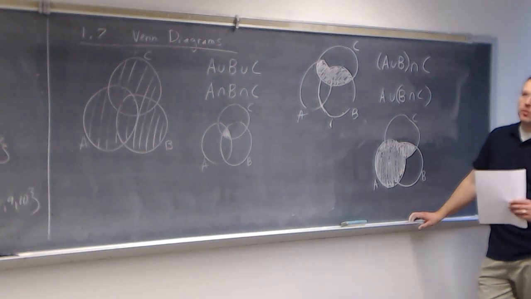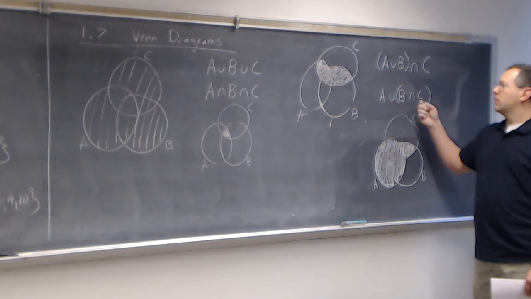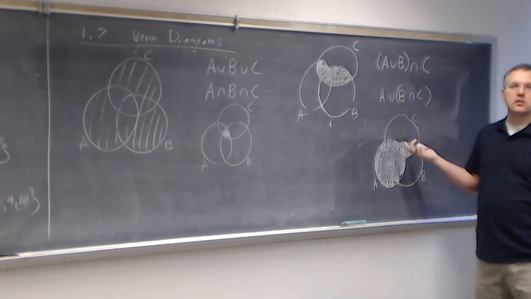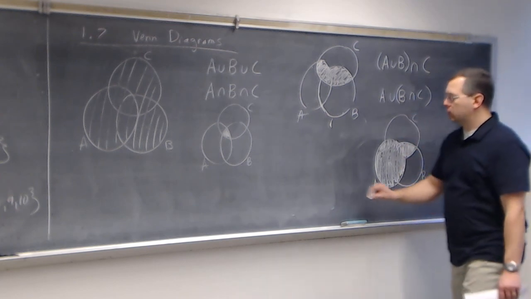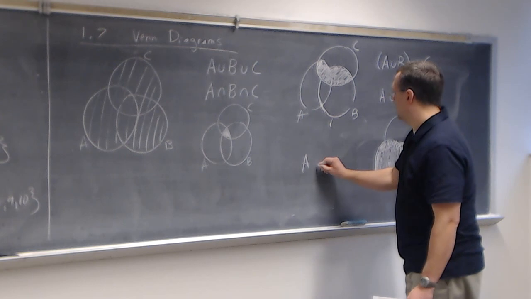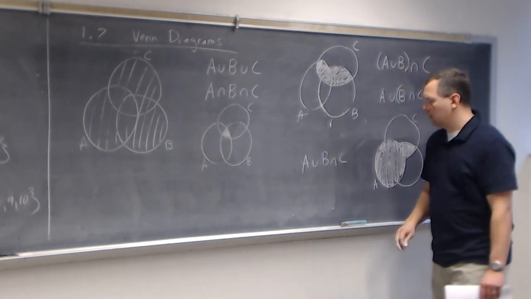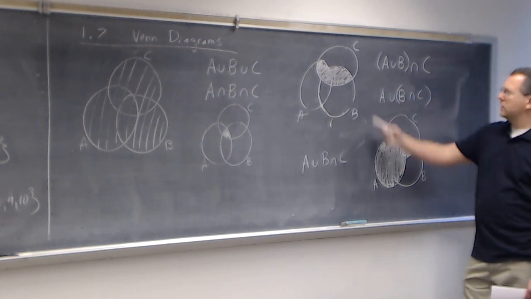From this example, it appears that it's really important where you place the parentheses, right? Because that seems like it changes the set. So if I just wrote A union B intersects C, which one is it?